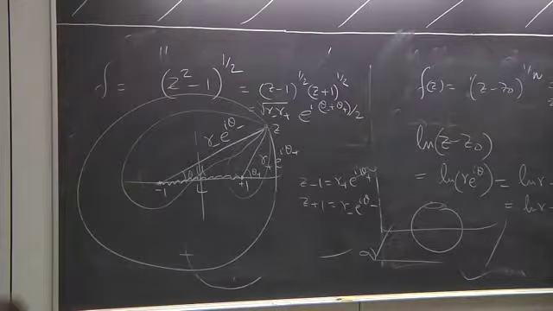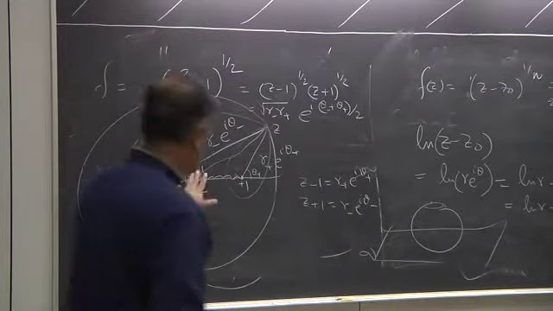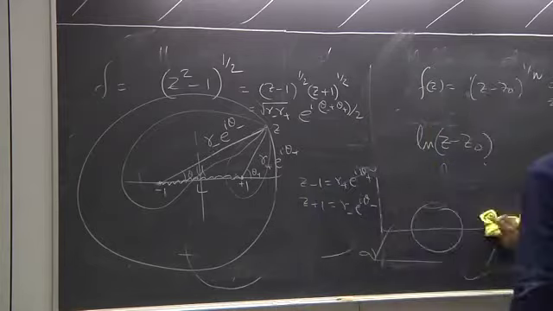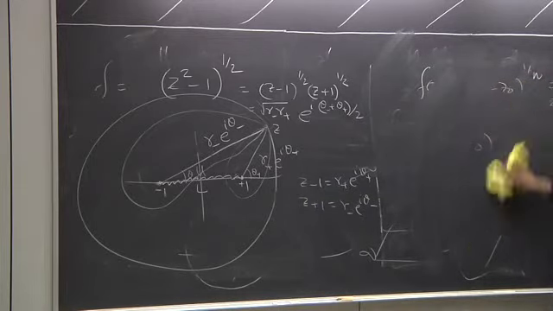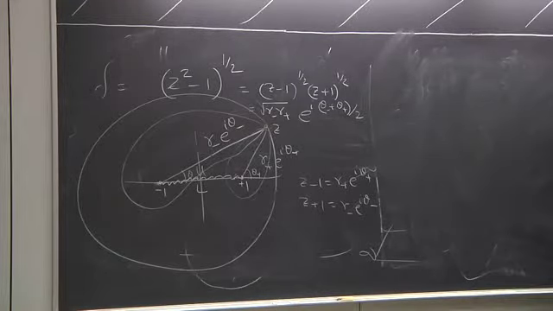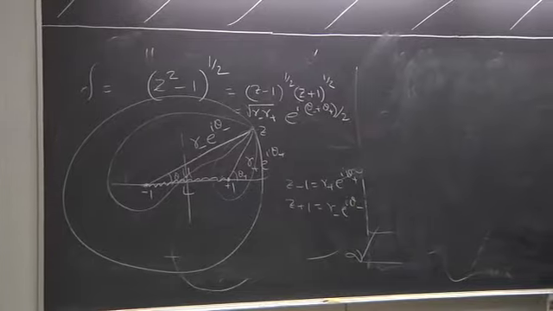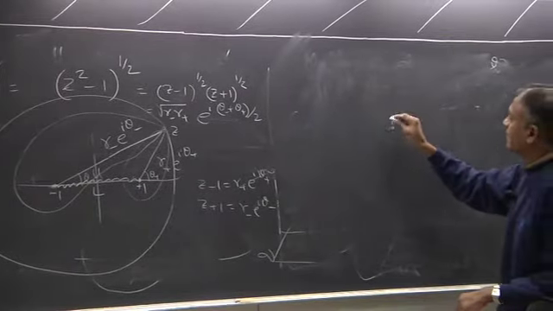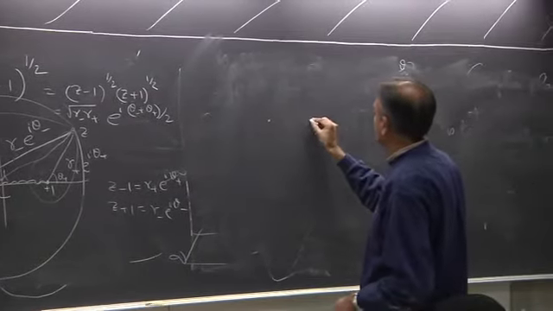This is quite remarkable, actually. This is just one of the simplest possible situations, but you can start considering even more complicated situations where you have branch points like this.